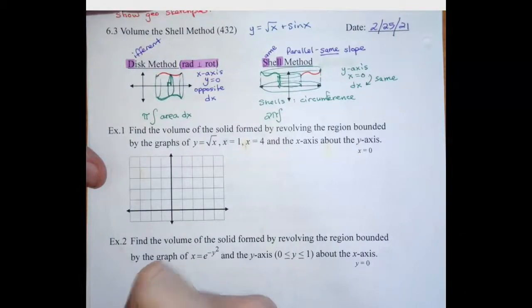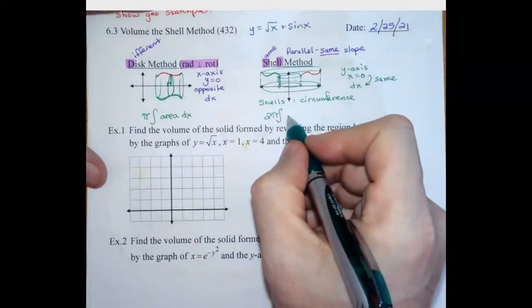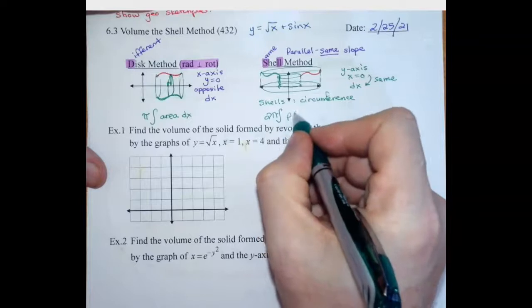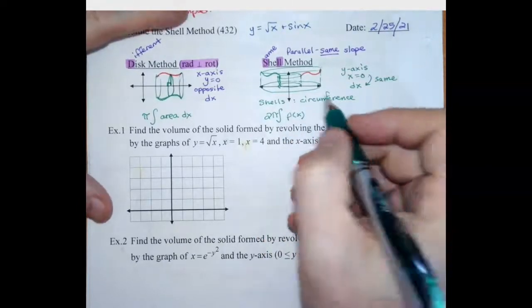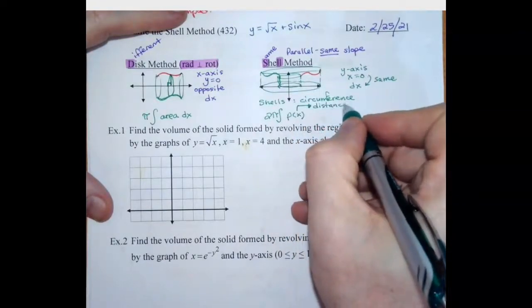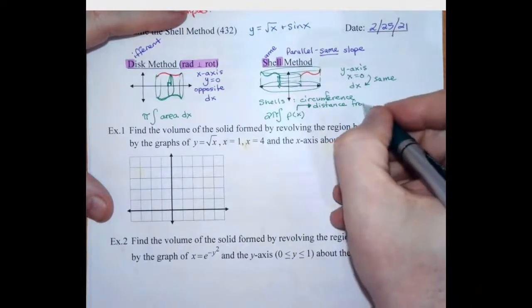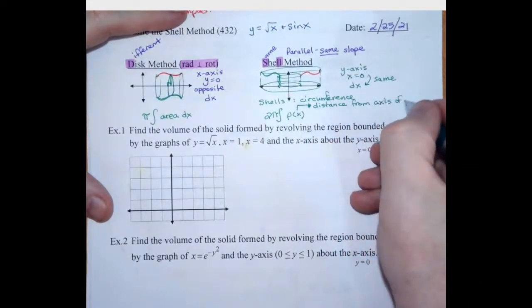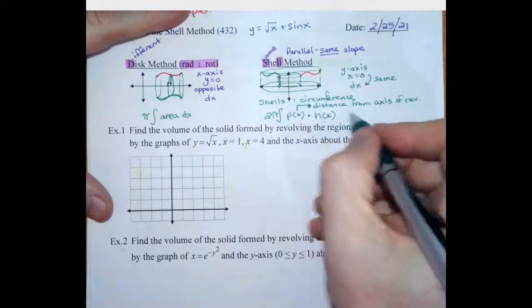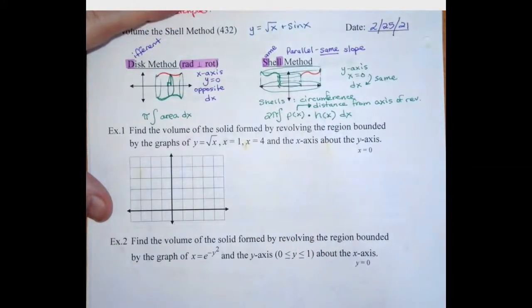So we have 2 pi there, and then we're going to have a function that is the distance from the axis of revolution. This looks confusing, but it's not that bad. And then times the height. So the height is normally pretty easy. It's just whatever the function is. So we'll see in an example.